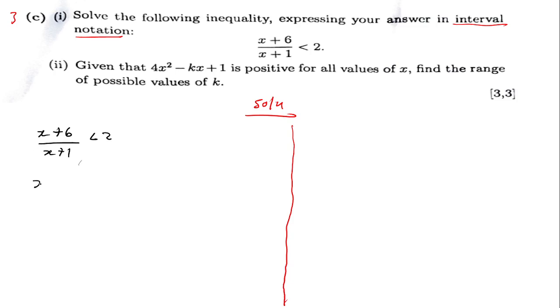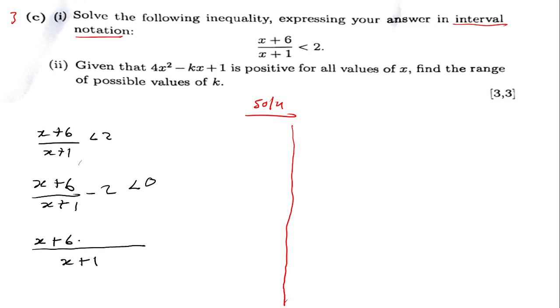So (x plus 6) over (x plus 1): the 2 goes to the other side, minus 2 is less than 0. From there, you find the common denominator, which is x plus 1. x plus 1 into x plus 1 is 1, so 1 times everything is x plus 6.